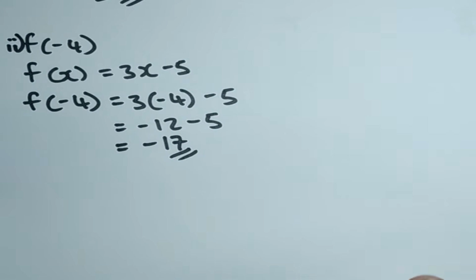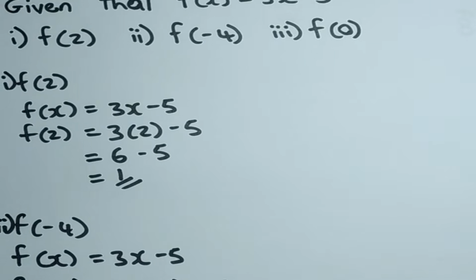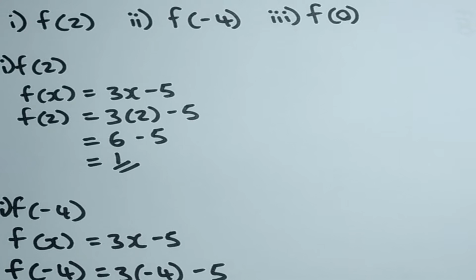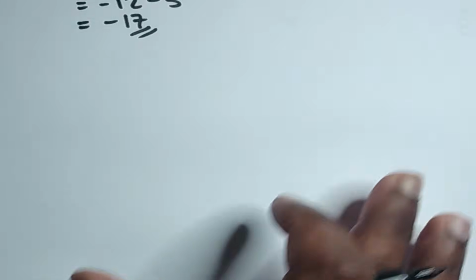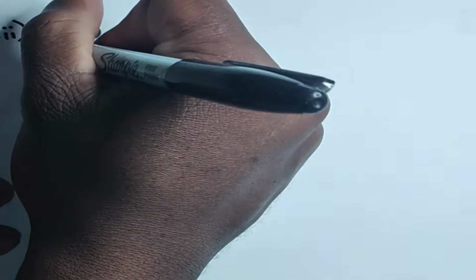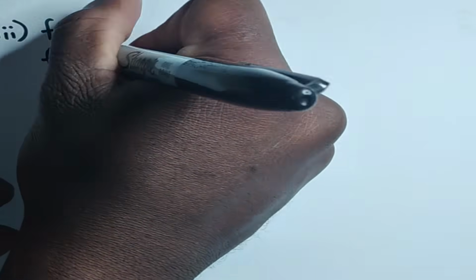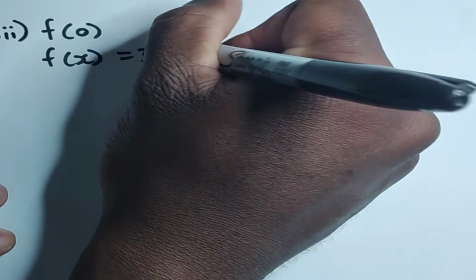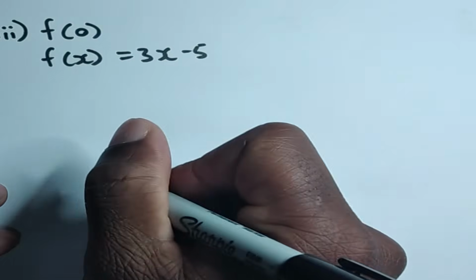Now let's look at the final question, which is f of 0. I want to find what f of 0 is. That's Roman numeral 3. Again, recall our function f of x is equal to 3x minus 5.